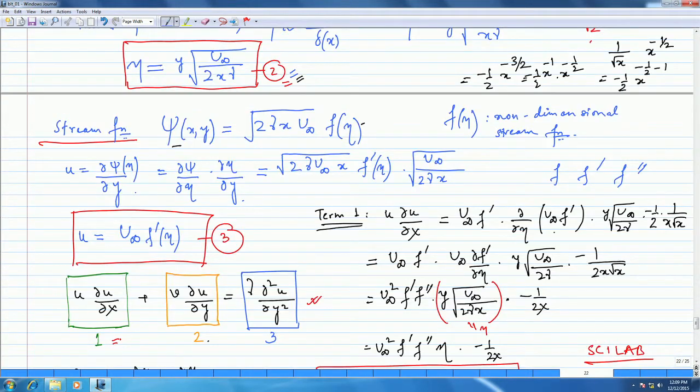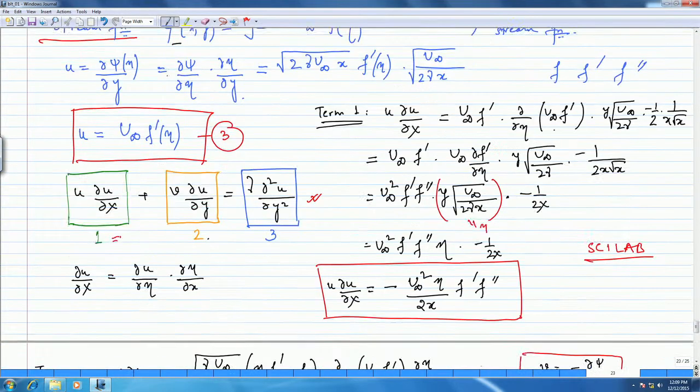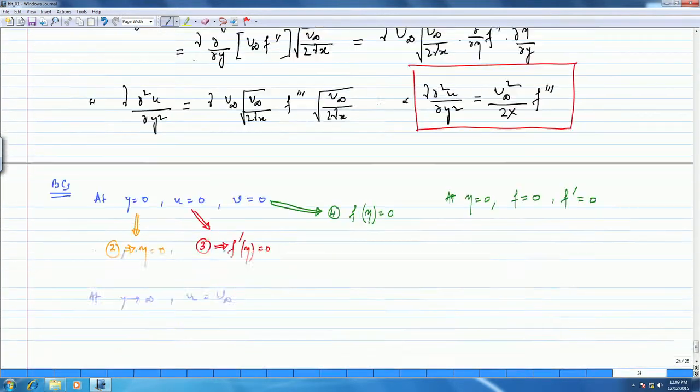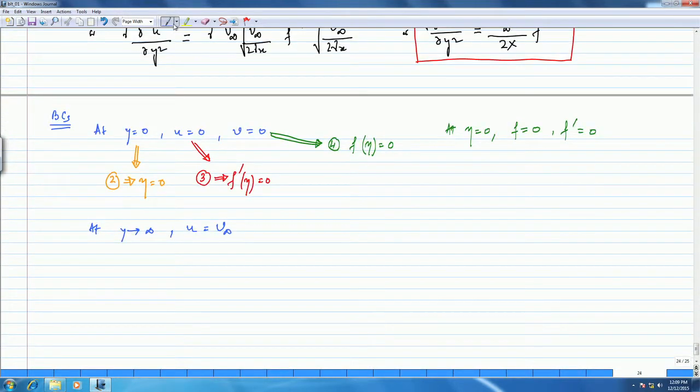If you see, eta is also very large. If y is very large, eta is also very large. So from 2, eta also tends to infinity, and u is equal to u infinity.